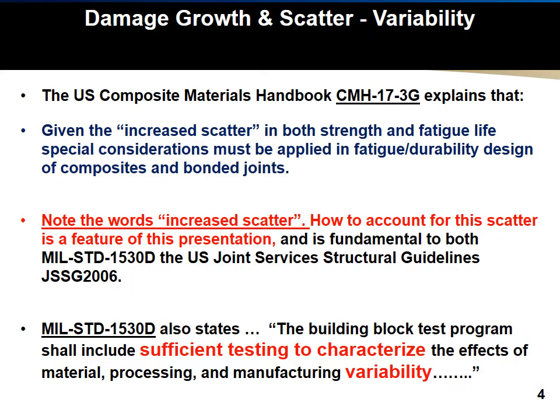How to account for this increased scatter is a feature of the presentation and is fundamental to MIL Standard 1530D. MIL Standard 1530D and also Joint Services Structural Guideline JSSG 2006 state that building block test programs shall include sufficient testing to characterize the effect of material processing and manufacturing variability.